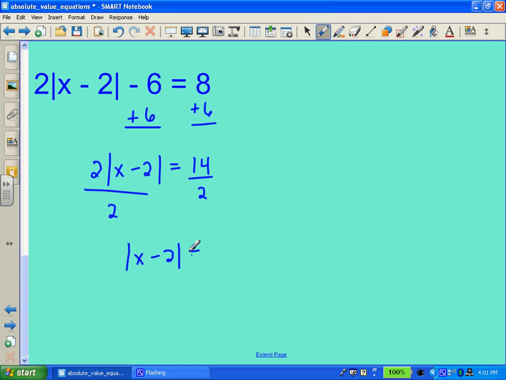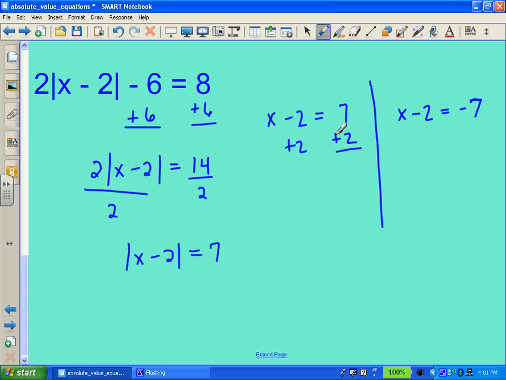Absolute value of x minus 2 equals 7. So now I have the absolute value by itself. So I have to consider the two cases. One, x minus 2 could equal 7. Or x minus 2 could equal negative 7. So let's solve each of these.